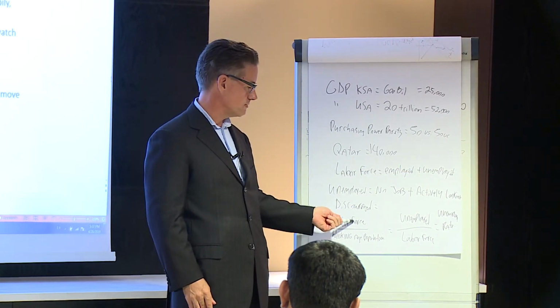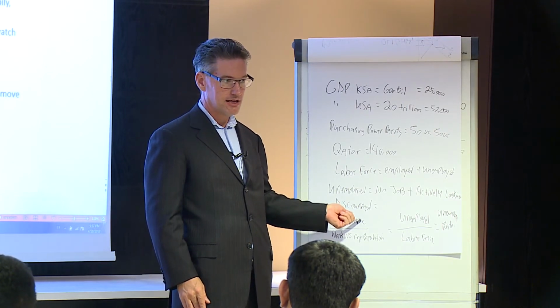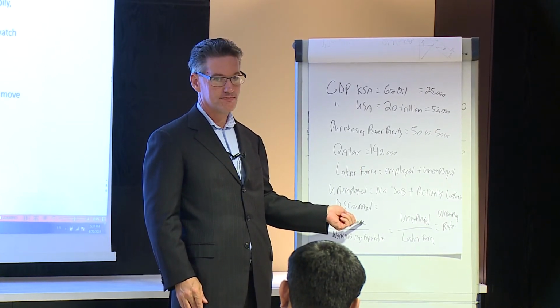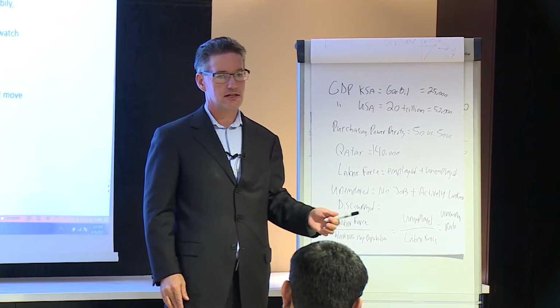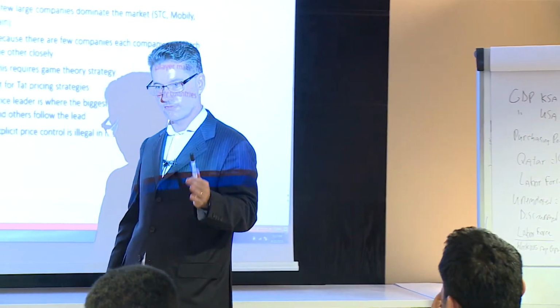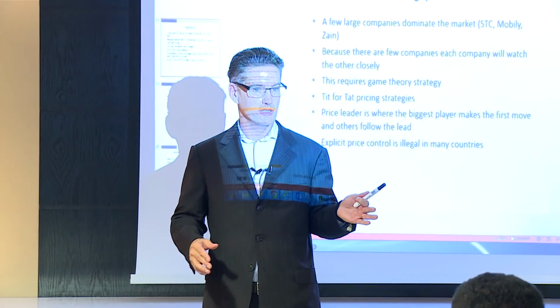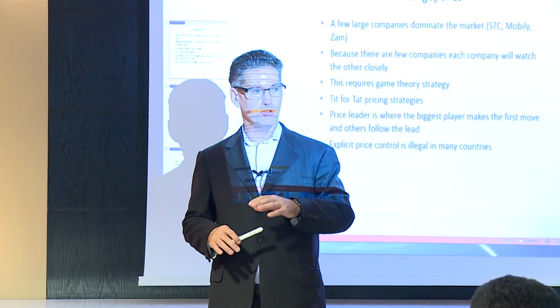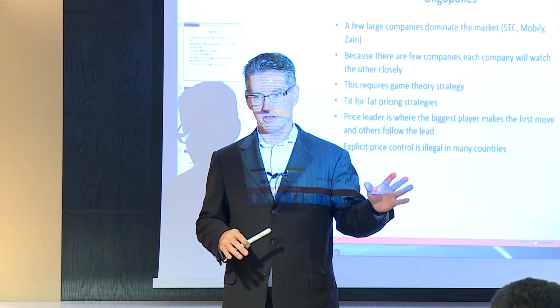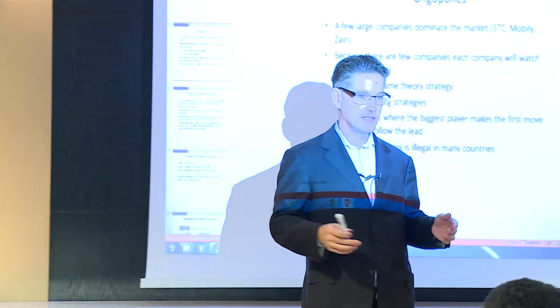Labor force participation rate goes up, which is good, but at the end of the day, they want a job. And there's some predictions that if nothing changes, the unemployment rate could go to like 40% by 2030 in Saudi Arabia. So this is a huge potential issue that they're trying to address with the Vision 2030.